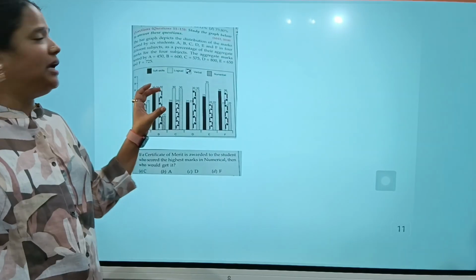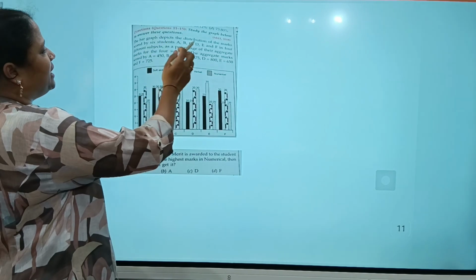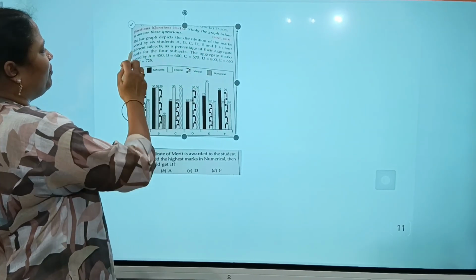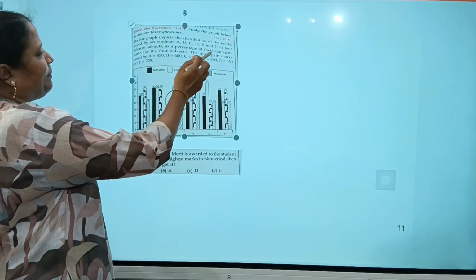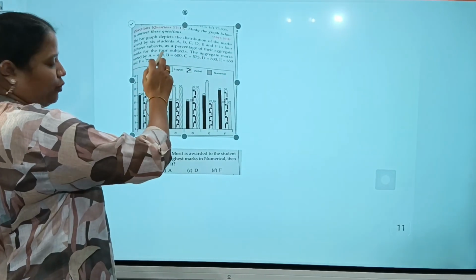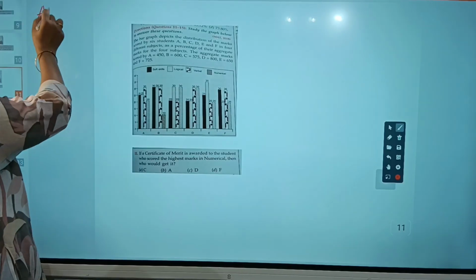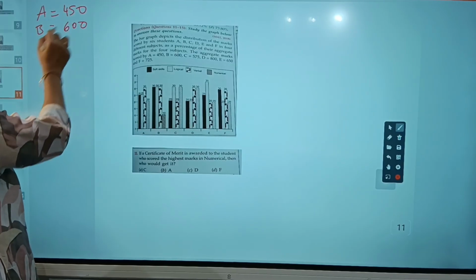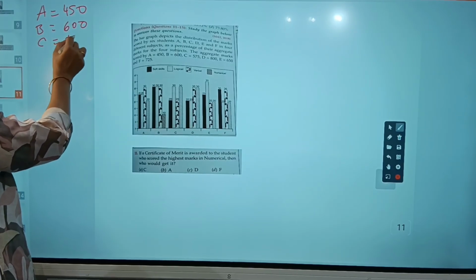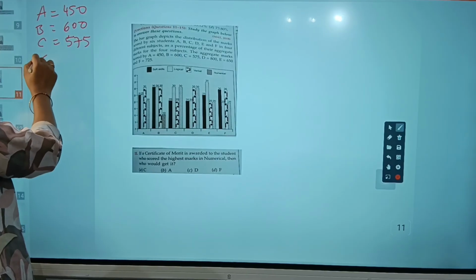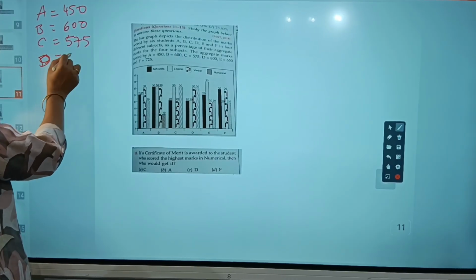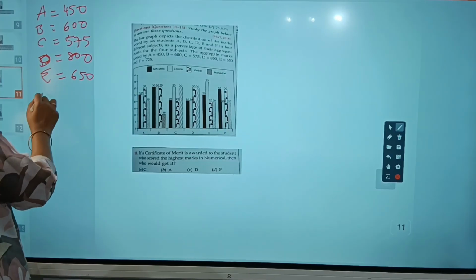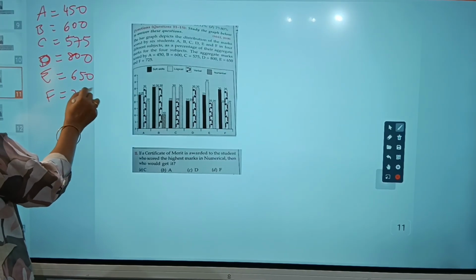This is a bit lengthy. The bar graph depicts the distribution of marks scored by 6 students A, B, C, D, E, F in 4 different subjects as a percentage of their aggregate marks for 4 subjects. That A is equal to 450, B is equal to 600, C is equal to 575, D is equal to 800, E is equal to 650, F is equal to 725.